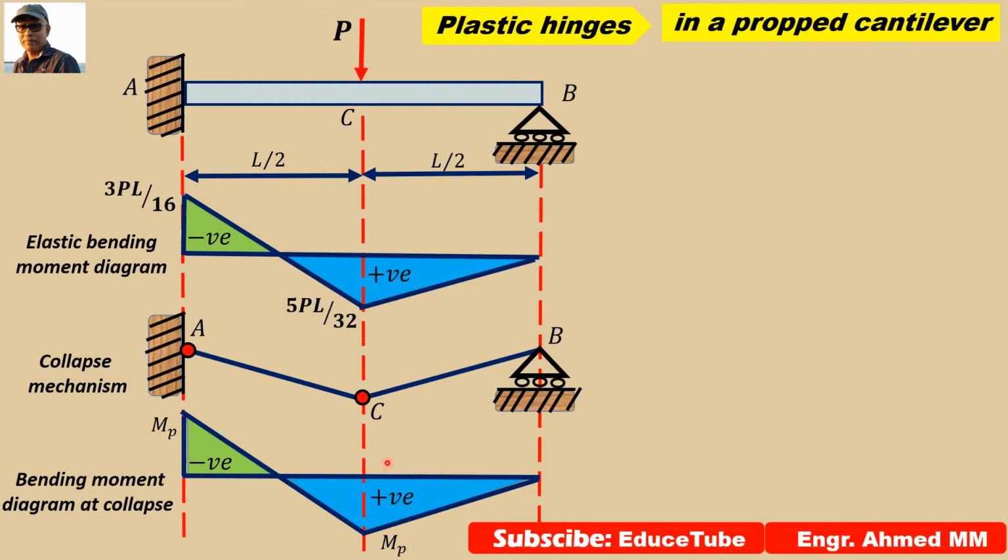So after formation of this second hinge, the beam will behave as a mechanism. This is a very important point. And failure occurs with no further increase in loads.